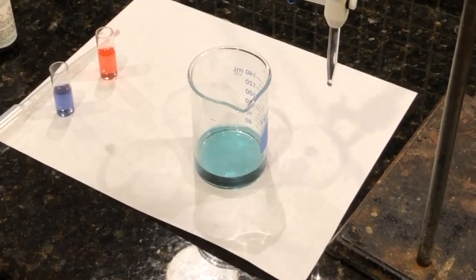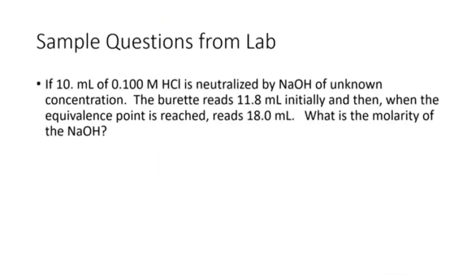So whatever I ended up on. So basically what we did here, I took 10 milliliters of 0.1 molar HCl in the cup, and I'm adding to it unknown NaOH. So I don't know what the concentration is of the NaOH, but I'm going to add a known amount of it, and that's what I did.